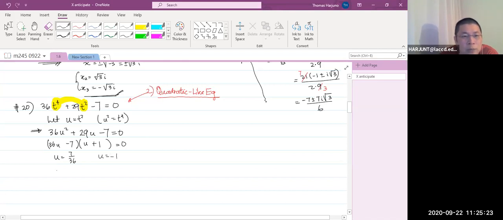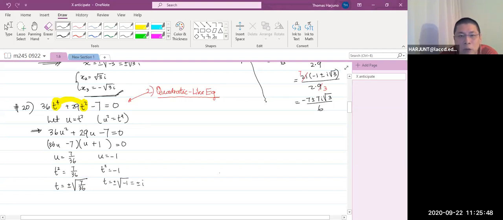Now then I substitute that back, t squared equals to 7 over 36, t squared equals to negative 1. So t is plus minus square root of 7 over 36. T equals to plus minus square root of -1, which is plus minus i.